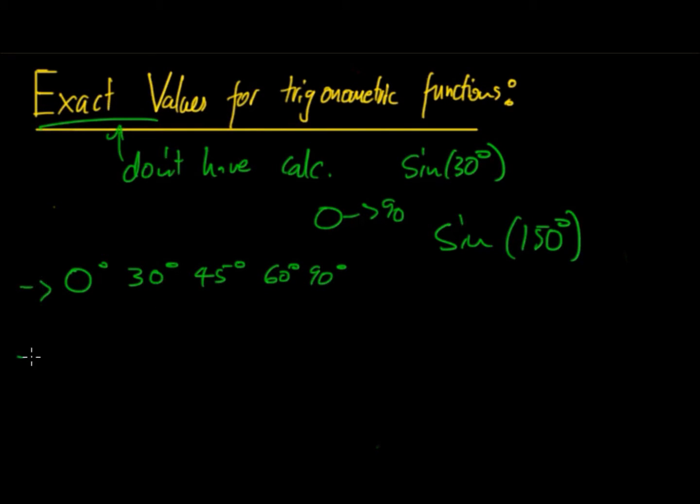And that's the degrees, and then radians: 0, pi on 6, pi on 4, pi on 3, and then pi on 2. And as I said, with other ones such as sine 150, sine 180, we can use symmetry properties to calculate the values.